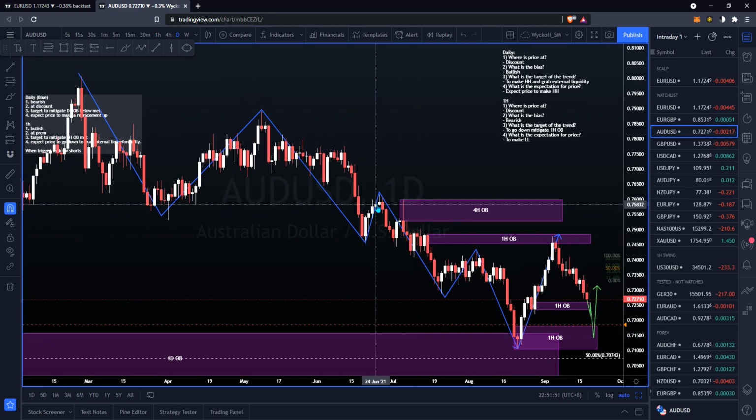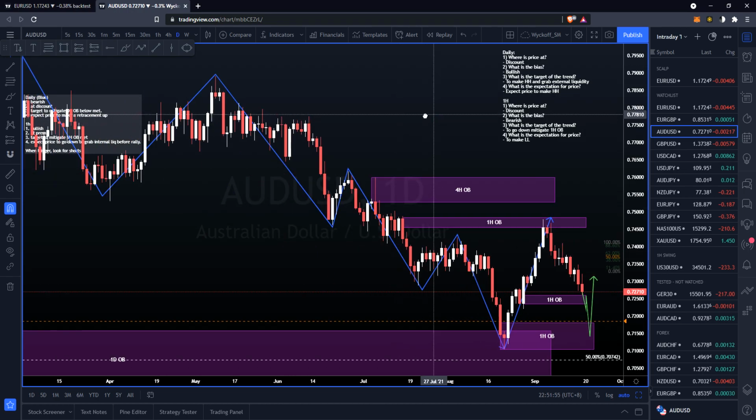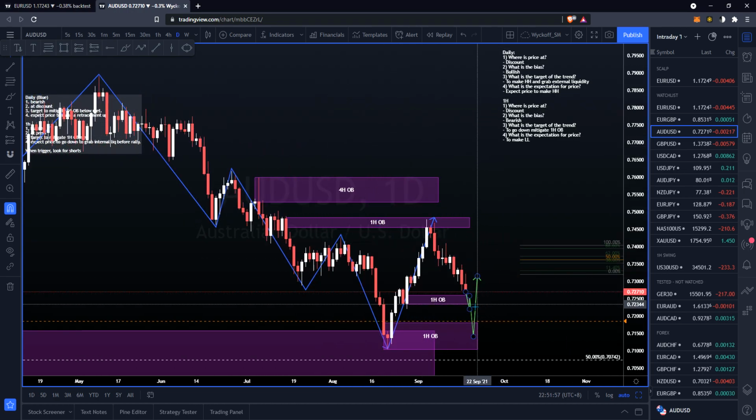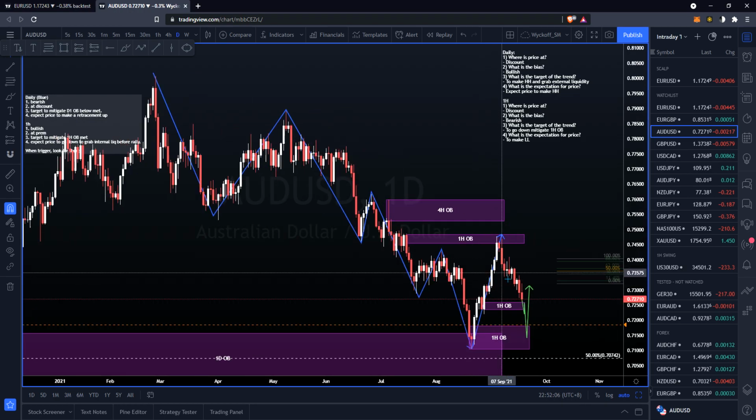Next we have Aussie dollar. So for Aussie dollar, we are at the discount level of this entire range. My bias right now is bullish because we actually broke this downtrend to the upside.